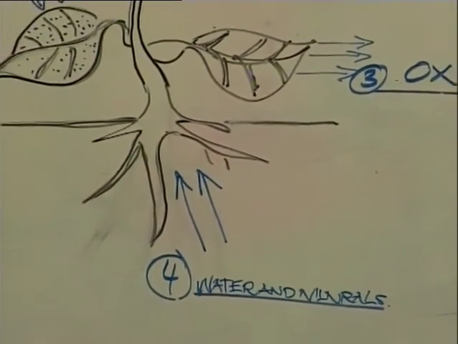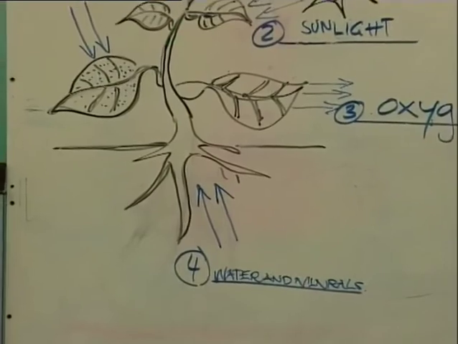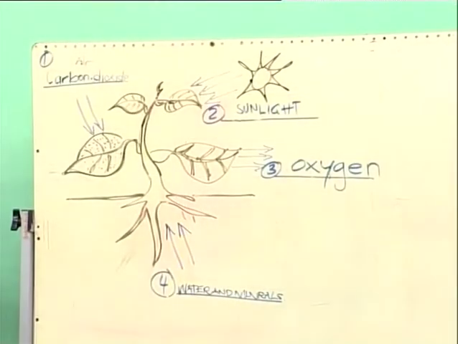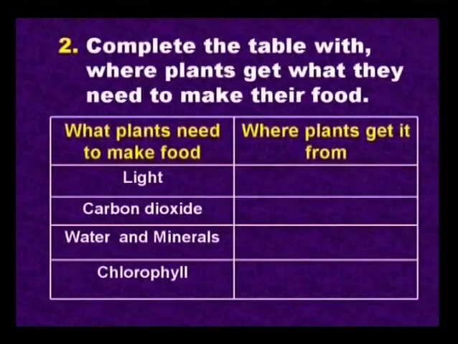Now with that you have done, you can now complete your table easily. So let's go back to our table. What plants need to make food? They need light. Where do plants get it from? From the sun. So all plants get it from the sun. Carbon dioxide, where do they get carbon dioxide from?